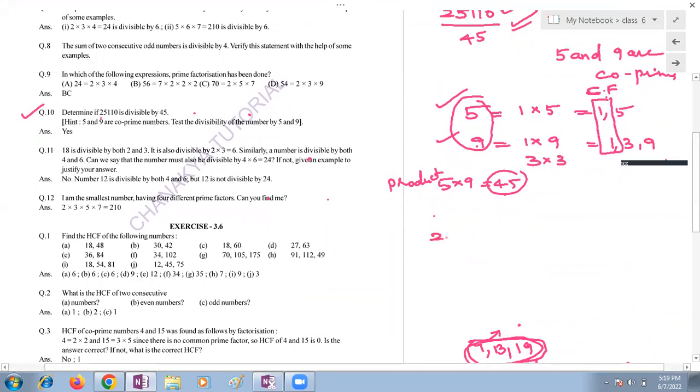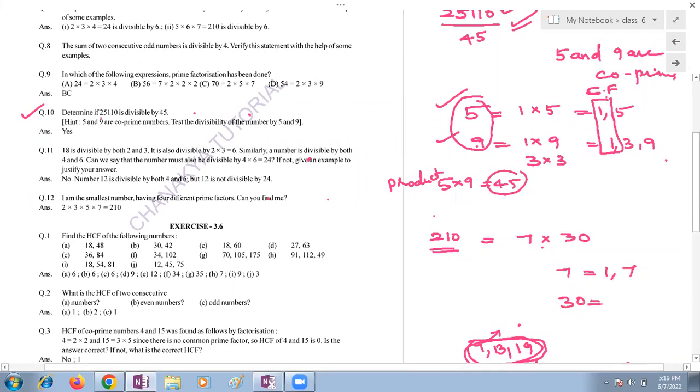He's asking about 210. How are you supposed to express 210 as a product of co-prime numbers? You can express it as 7 into 30. What is the 7 rule? The factors of 7 are 1 and 7.